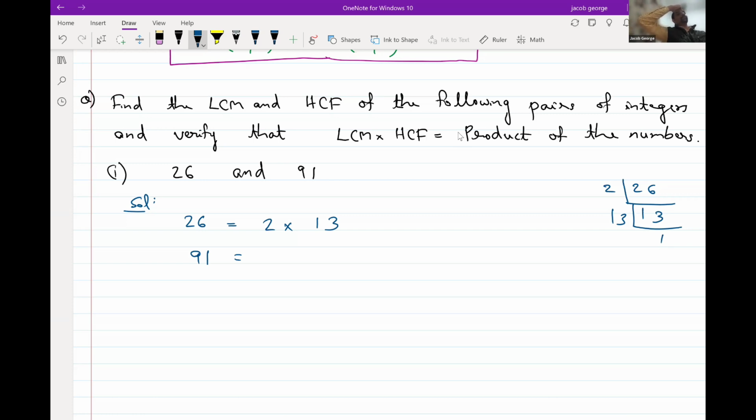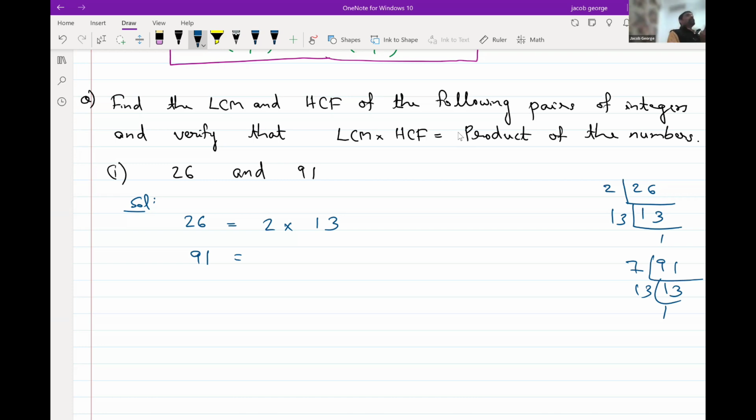You have studied the 13 table in small classes. 13 sevens are 91. So 91 is 7 into 13. 91 is also a special number that you have to remember.